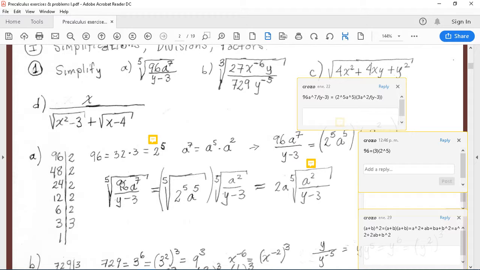So the fifth root of 96a to the seventh divided by y minus 3 should then be the fifth root of 2 to the fifth a to the fifth, times the fifth root of 3a squared divided by y minus 3.